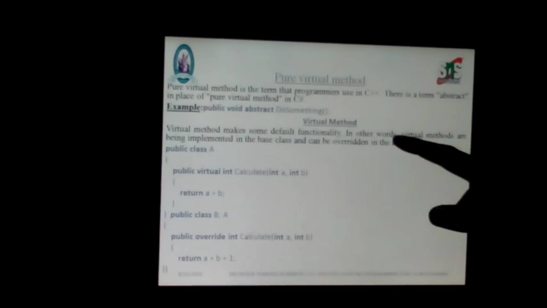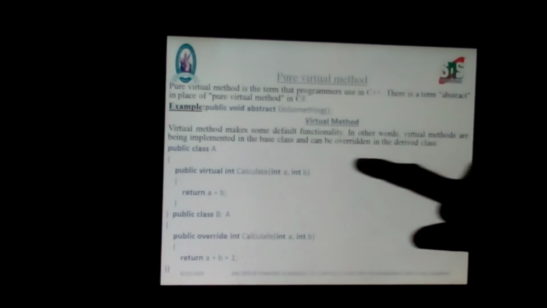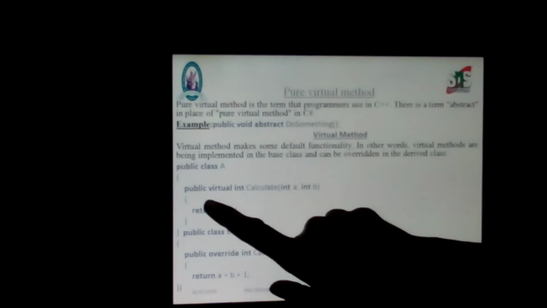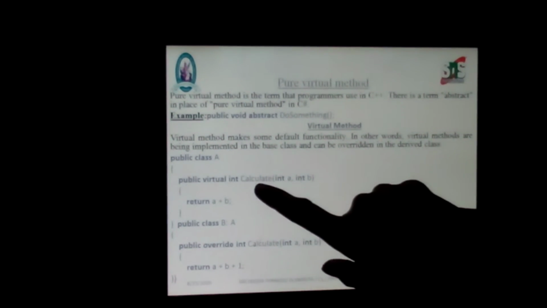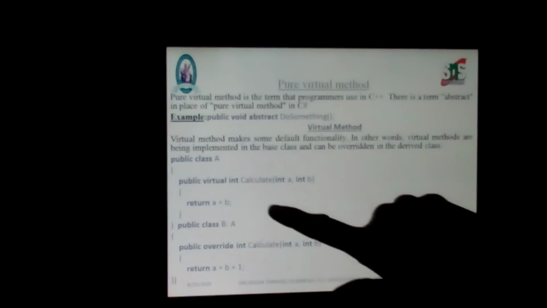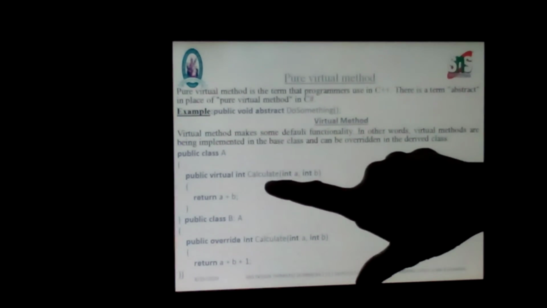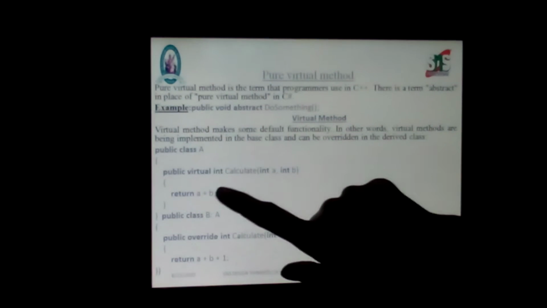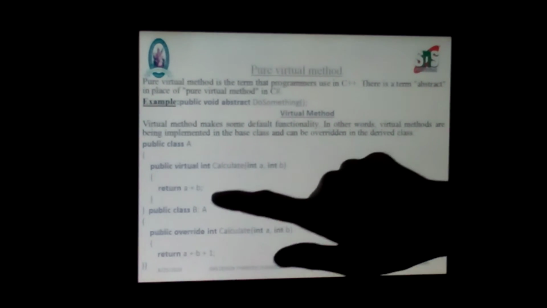In other words, virtual methods are implemented in a base class and can be overridden in a derived class. For example, we create public class A with a virtual int Calculate method with two parameters, int a and int b. Whenever we call this Calculate method, it returns a plus b.